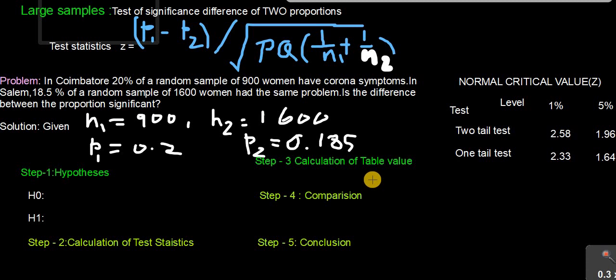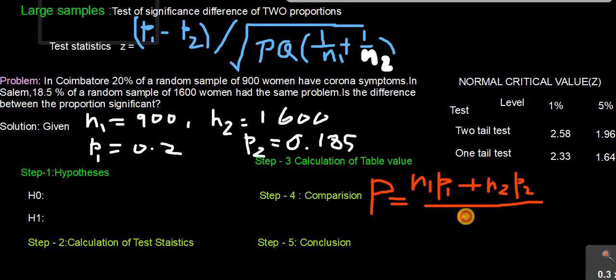I told you already: capital P is equal to N1 P1 plus N2 P2, divided by N1 plus N2.